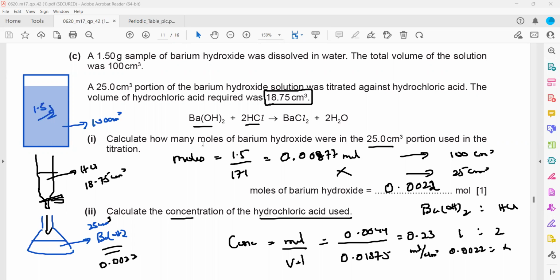So first, we got the moles of barium hydroxide, but they did not ask for total moles, they only asked for 25 cm cube. That's why first we got the total moles in 100, and for 25 it will be x. After getting the moles, we took a ratio to get the moles of hydrochloric acid, and moles of hydrochloric acid divided by volume of hydrochloric acid gives the concentration of HCl.